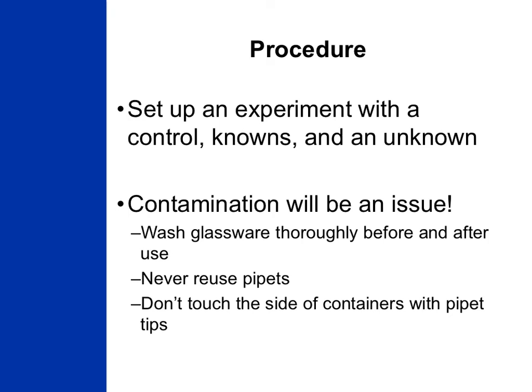Make sure that you never reuse any pipettes, and you definitely don't use one pipette and then put it into the next solution or the next container. Also, make sure that you're very careful when you're dispensing reagents that you don't touch the side of any kind of container with that pipette tip, because that's going to contaminate your solution and our stock solutions as well.